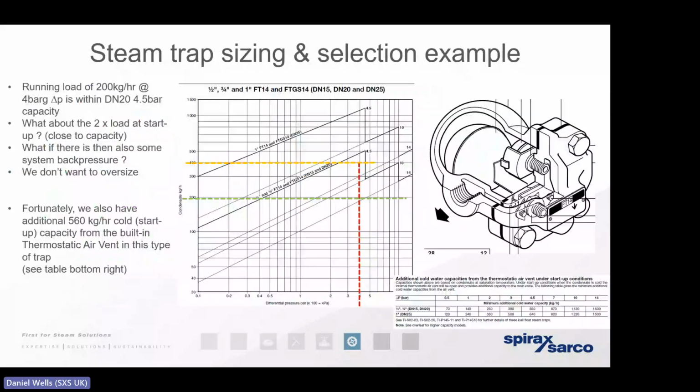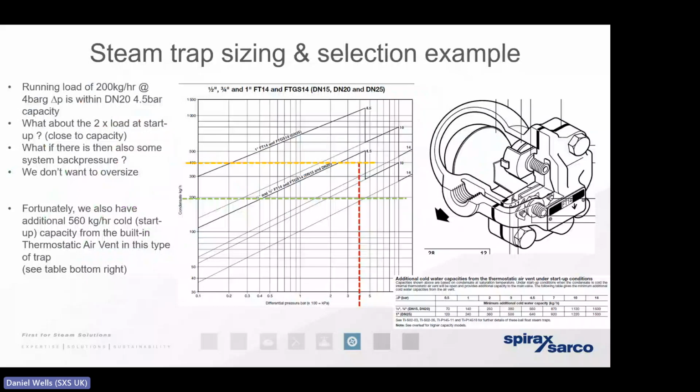Well, every type of trap has its own sizing curve. This shows you a typical curve for one of those float thermostatic traps. The line in green shows the condensate load. If we need 200 kilograms of steam to satisfy the requirements of the process, then the byproduct is that we need to remove the same mass of condensate.